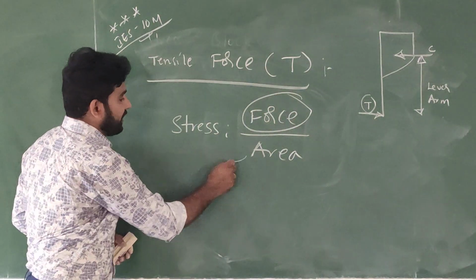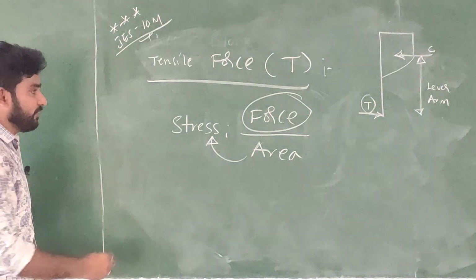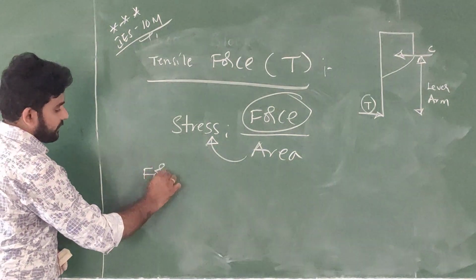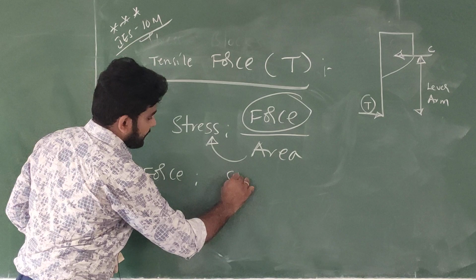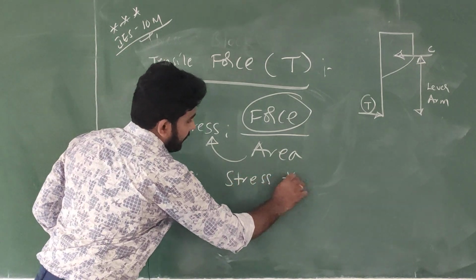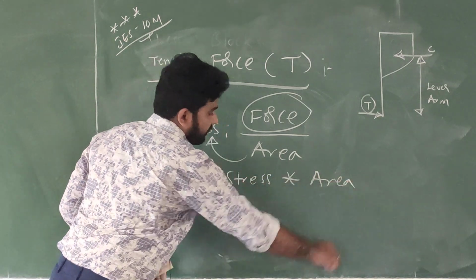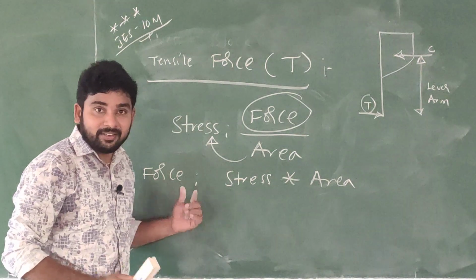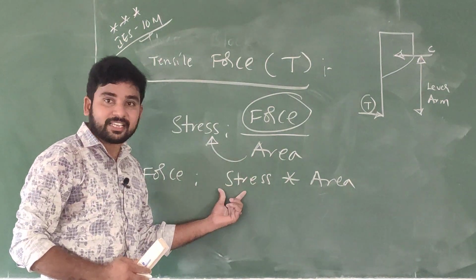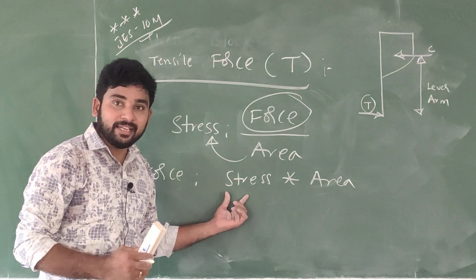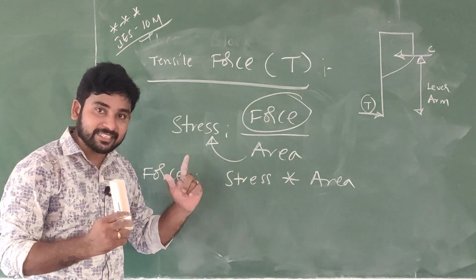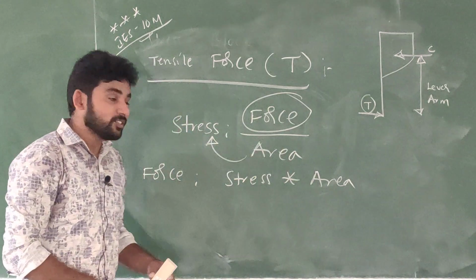Tensile force. If you need tensile force, the same thing you apply: force equals stress into area. Now I need tensile force. Which stress do I apply? I apply the design stress developed in the steel.